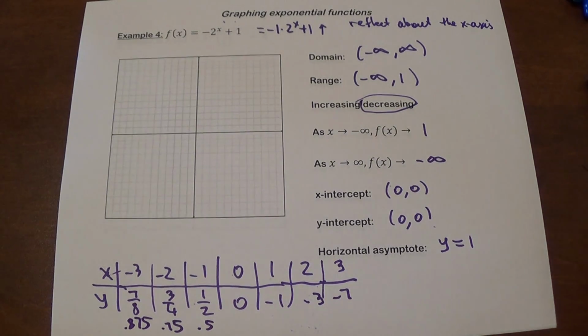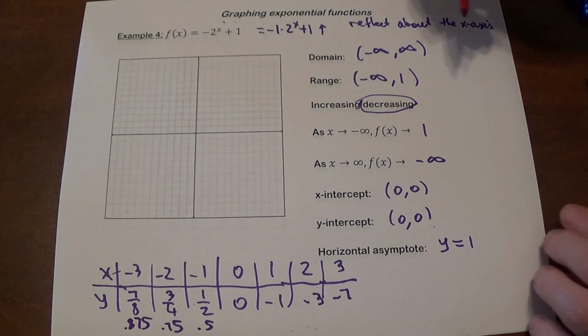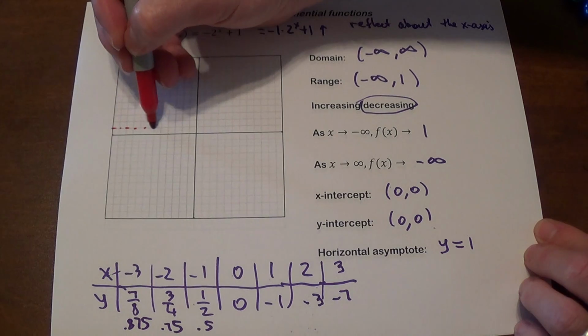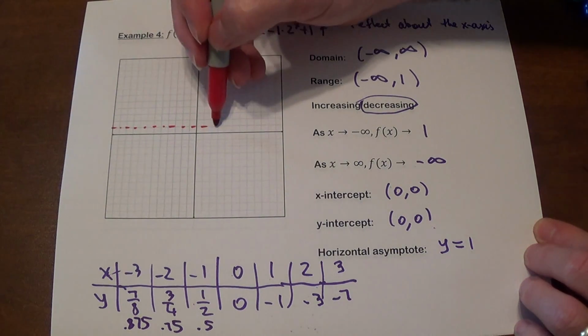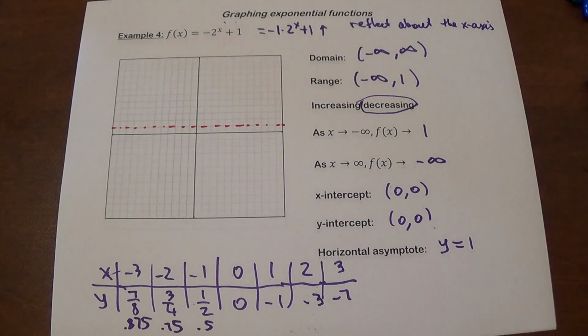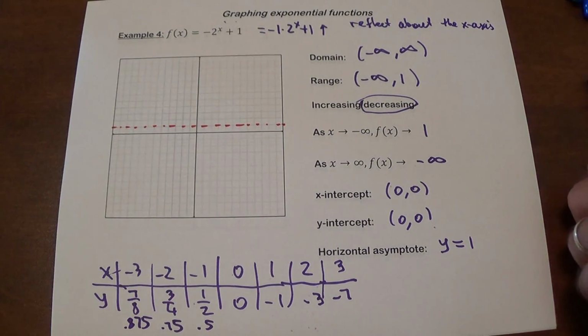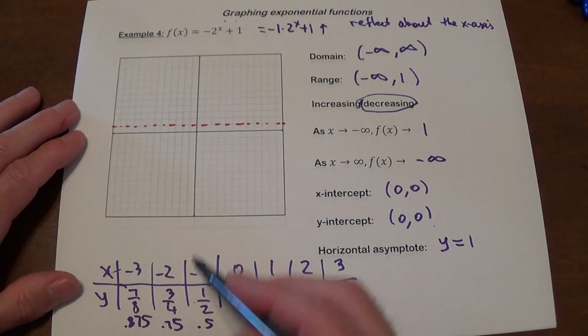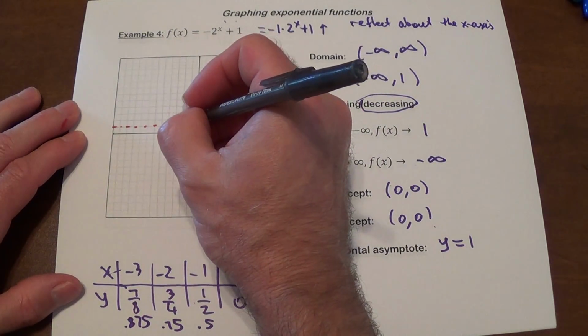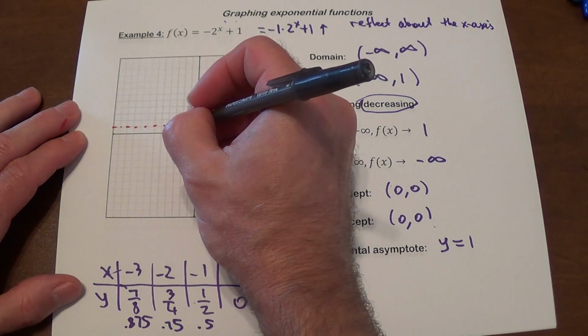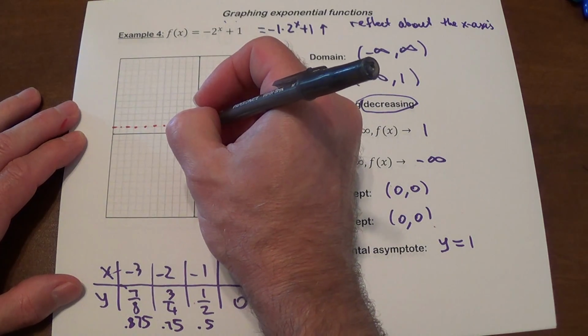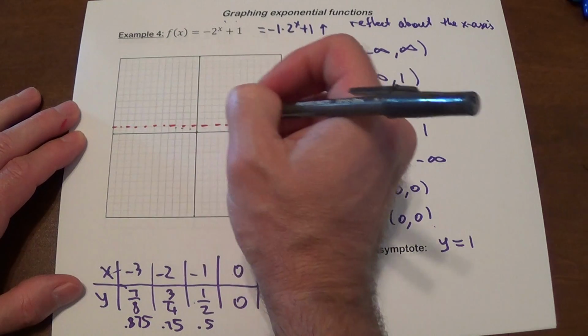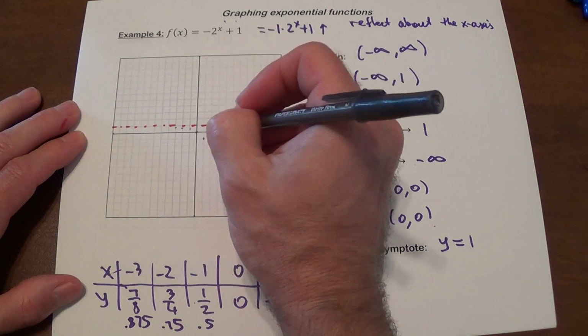All right, let's graph horizontal asymptote at 1. And plot the points. So at -3, we're very close to this. We got 0.75, 0.5, 0, 0, -1.